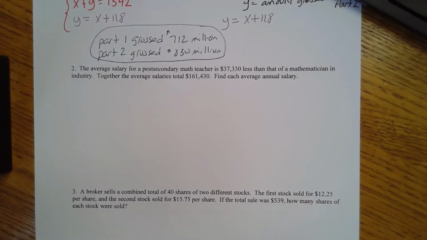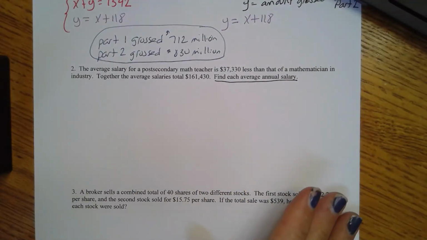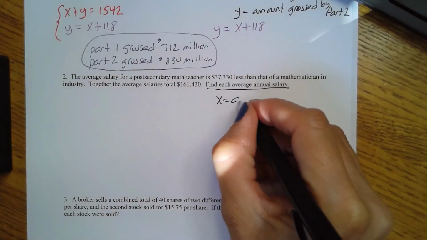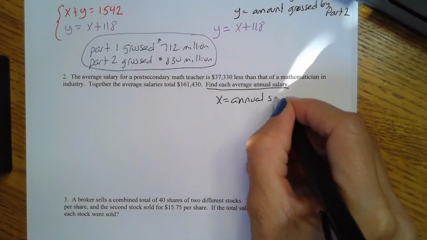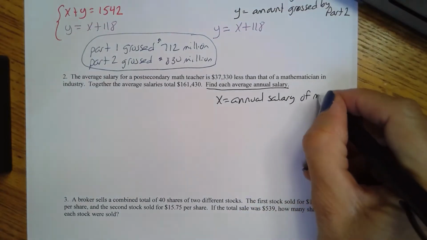Number 2, the average salary for a post-secondary math teacher is $37,330 less than that of a mathematician in the industry. Together, the average salaries total $161,430. Find each average annual salary. So again, be picky. Pick out what, first of all, they're asking for. They're asking for the average annual salary. So we'll let x equal the annual salary of, and let's do the math teacher.